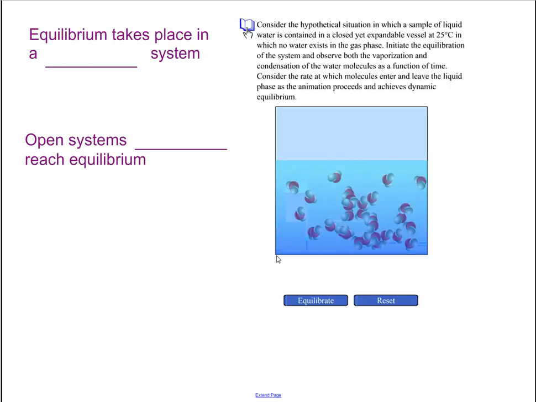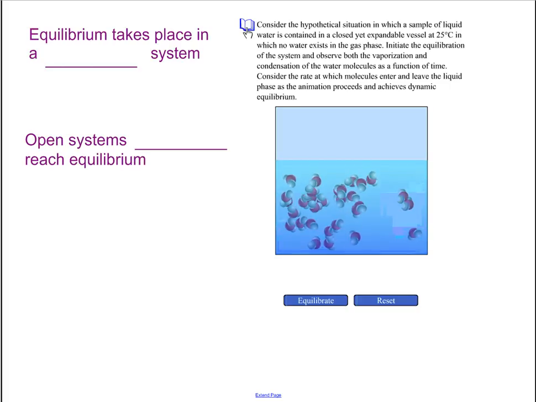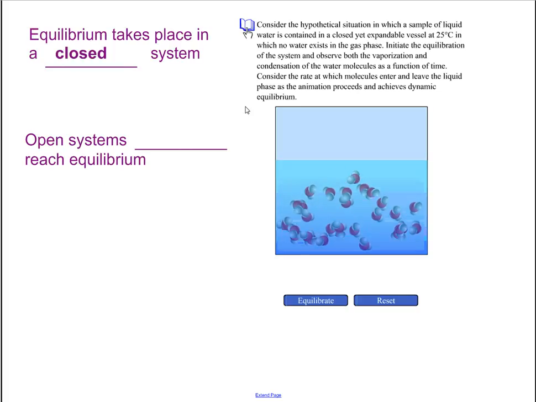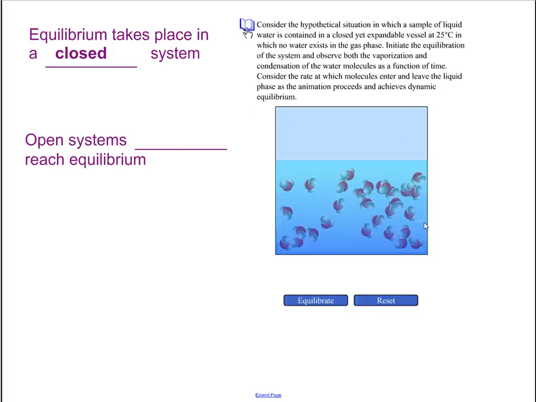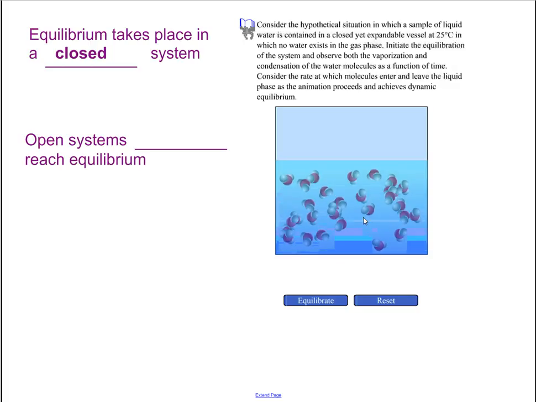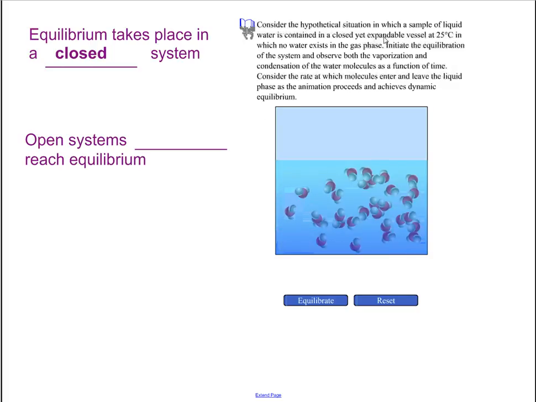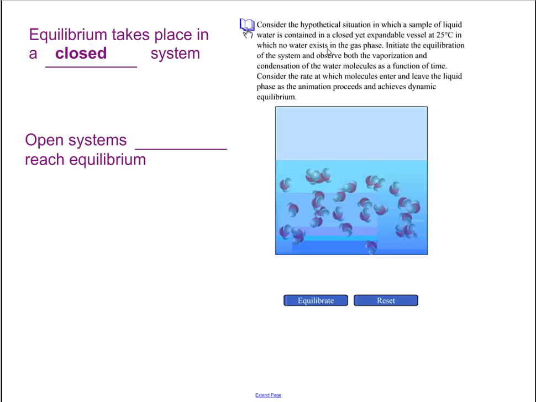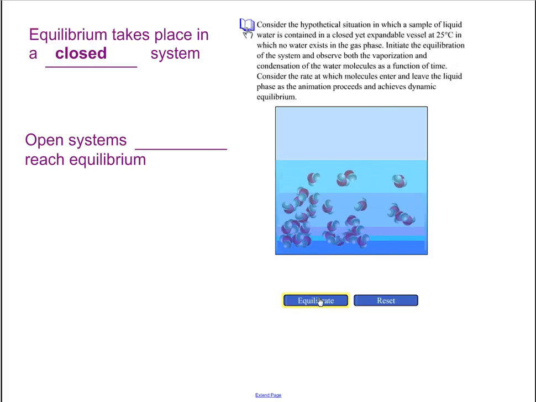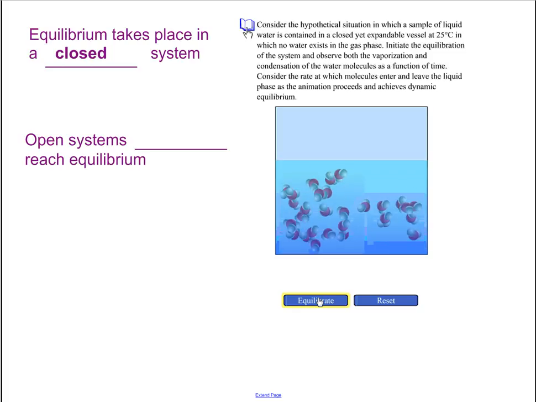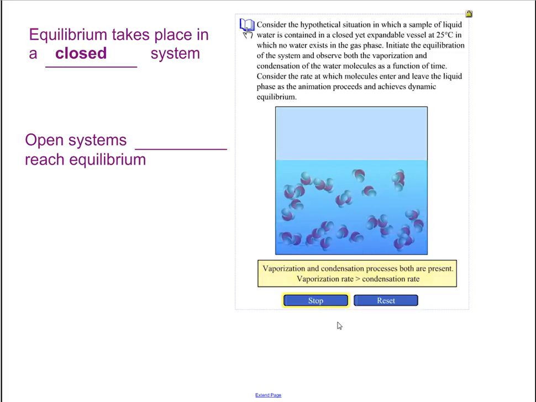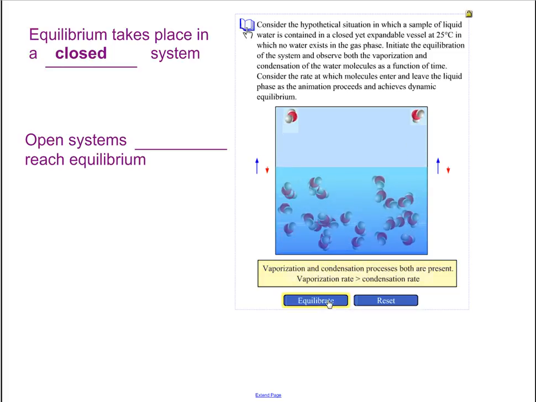And you can see here that we need to have a closed system. So here I have some water in liquid form in a closed box. Closed yet expandable. No water is in the gas phase. And we're going to see what happens as we look at this reaction over time. The vaporization and condensation are both happening, but right now it's vaporizing much more quickly.